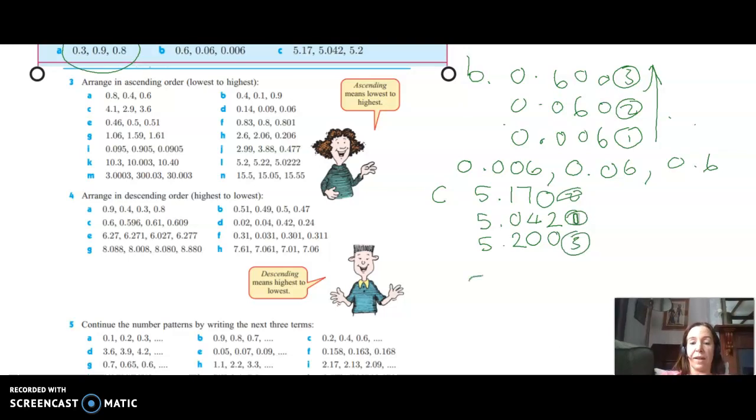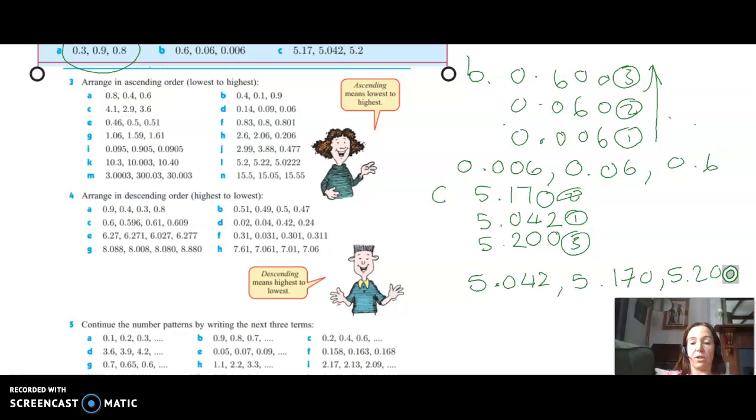So it's going to be 5.042, 5.170, and 5.200. You don't have to put the zeros in, obviously, when you do this part, but it might help you just to make sure that they are all in correctly.